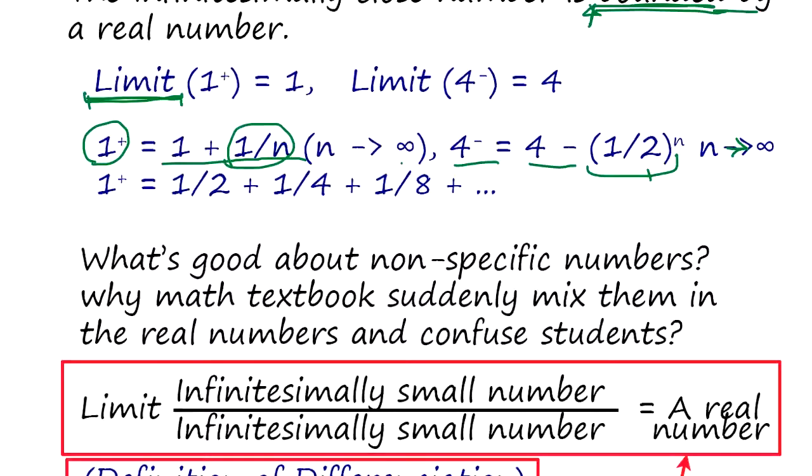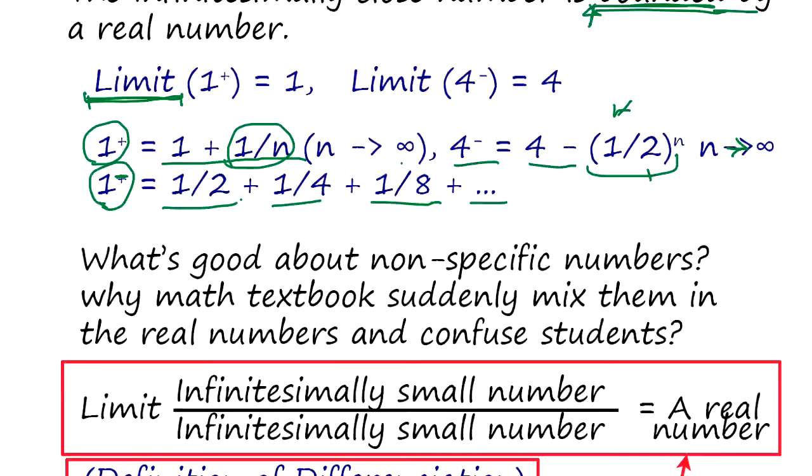So I'll tell you why it's not specific. This looks like a specific number, but actually it's not. For example, this is also 1 plus. If you add up all of these numbers, it becomes infinitely close to 1. Actually, in this case, 1 minus. Correction here.